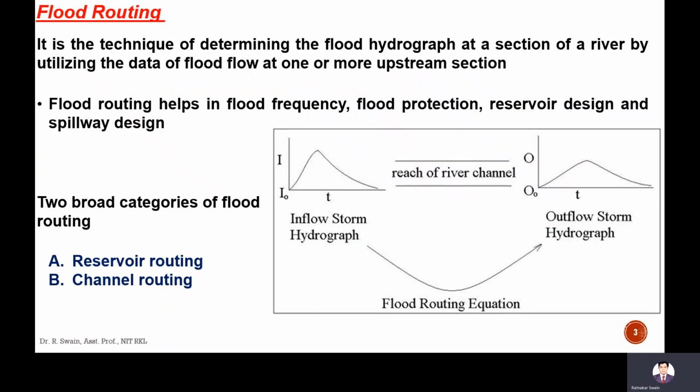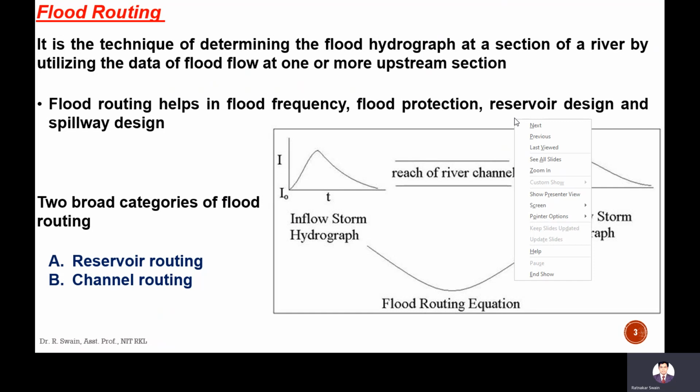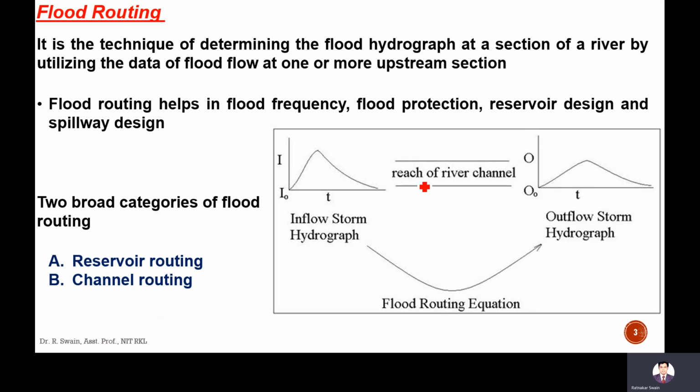Flood routing is the technique of determining the flood hydrograph at a section of a river by utilizing the data of flood flow at one or more upstream sections. It means that this is the channel or river.